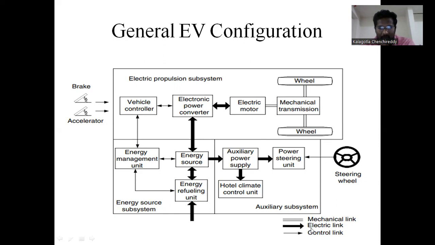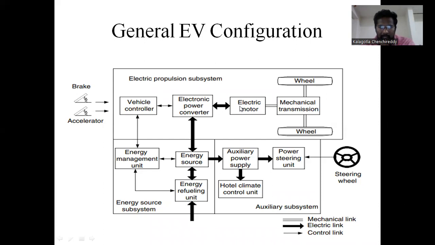Next, the electrical link. This thick line arrow is the electrical link. The electrical link is used from the electronic power converter to the electrical motor, and from the energy sources to the electronic power converter. This symbol is a bidirectional symbol. Current flows from the electronic power converter to the motor and from the motor to the electronic power converter.